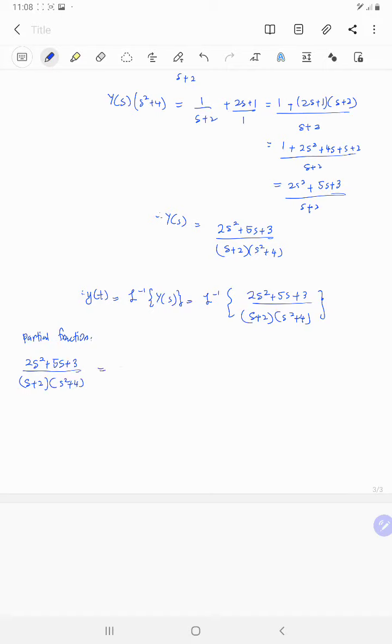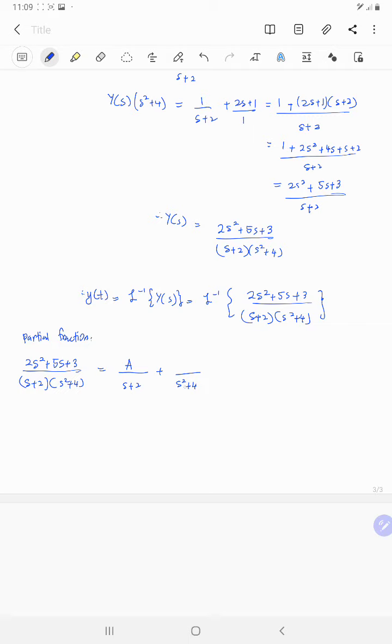What is the partial fraction for this function? Since the function at the bottom is linear, the highest power is 1, so at the top must be a constant only.